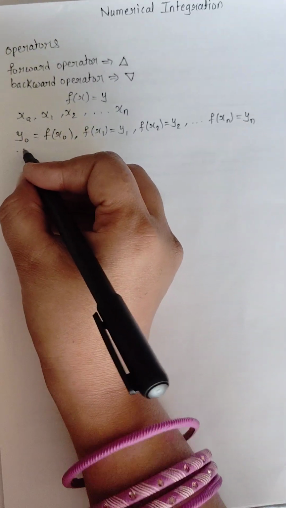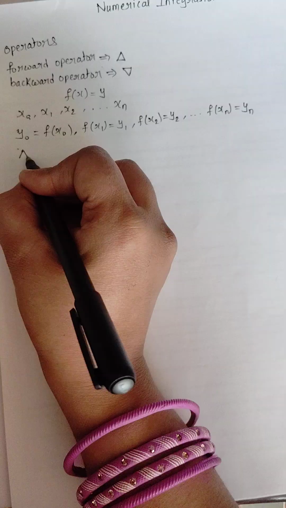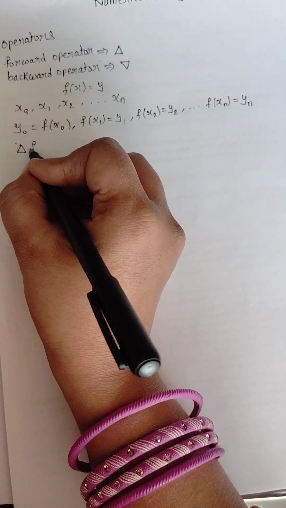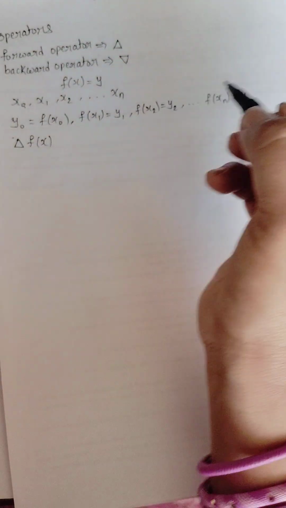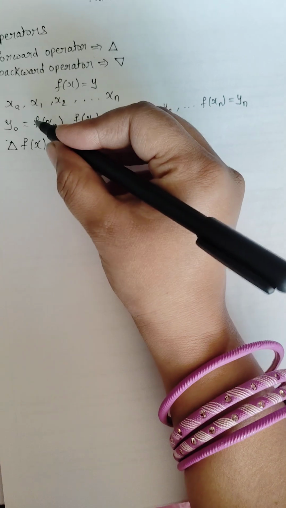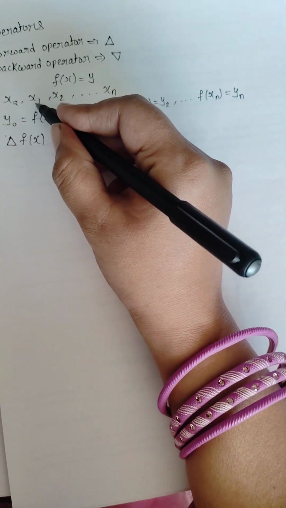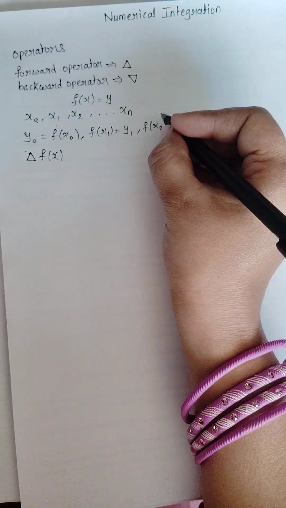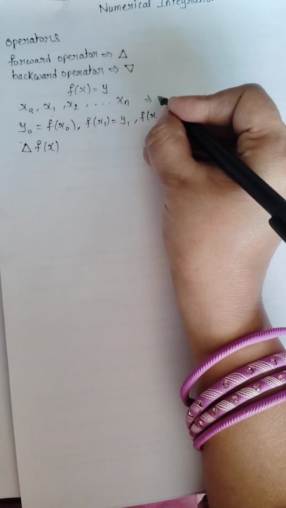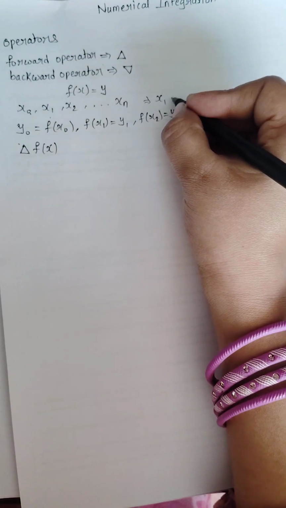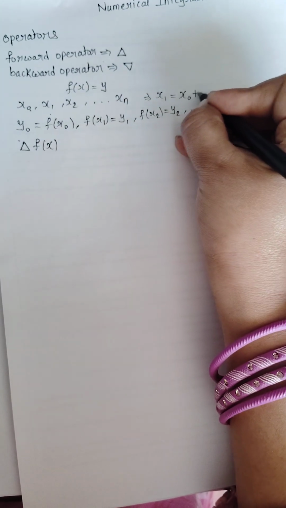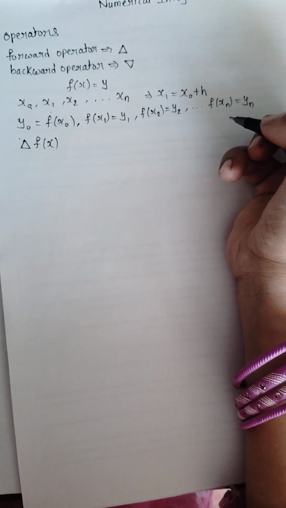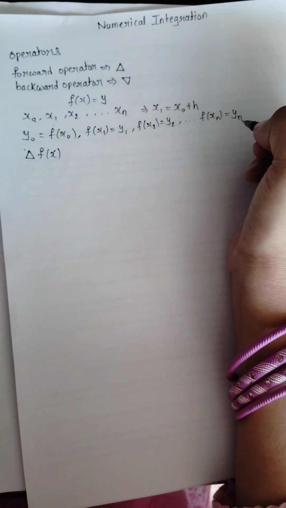Now what is a forward operator? So if I want to calculate delta of f of x, one more thing: if I want to find x1, how do I find it? For uniform step size, we can calculate x1 by adding a specific quantity, the step size h, to x naught.